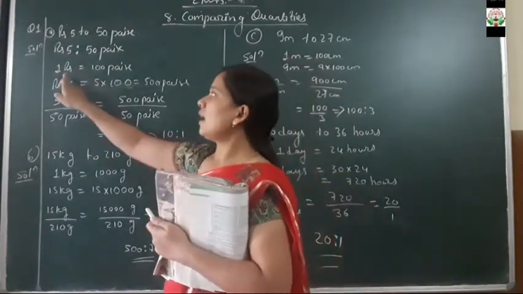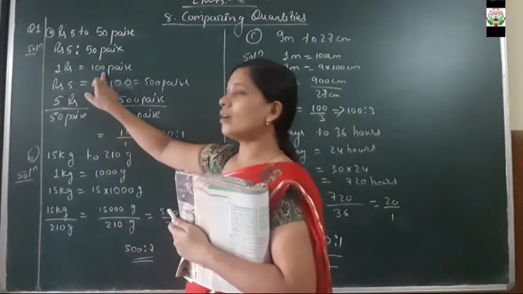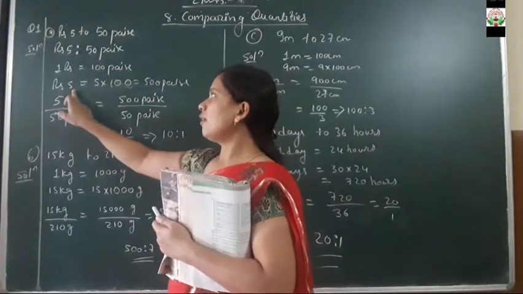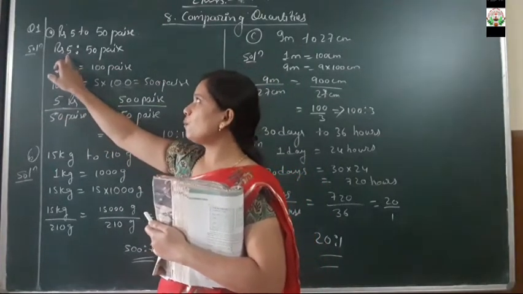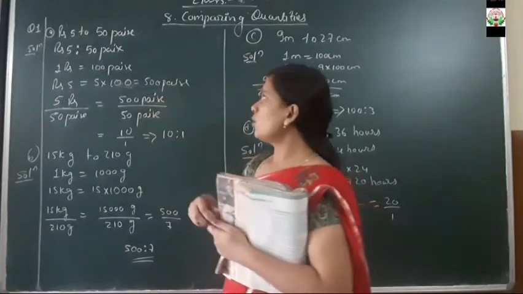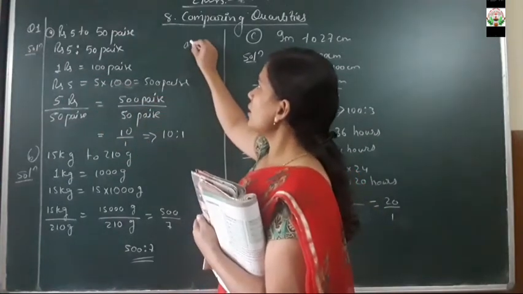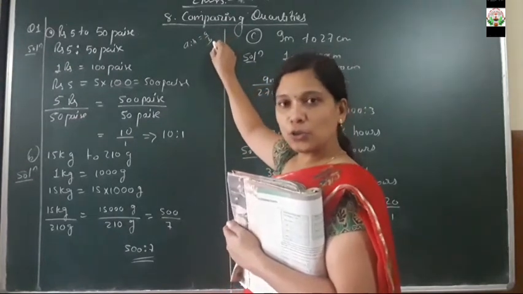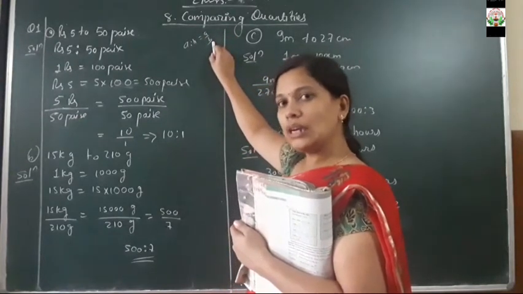As we know that 1 rupee is equal to 100 paise. Everybody knows that. Therefore, we are going to convert this 5 rupees into paise. So 5 into 100, that will be 500 paise. Now what is the ratio? A is to B is equal to A upon B. Then A upon B is the numerator and denominator of the same unit, isn't it?